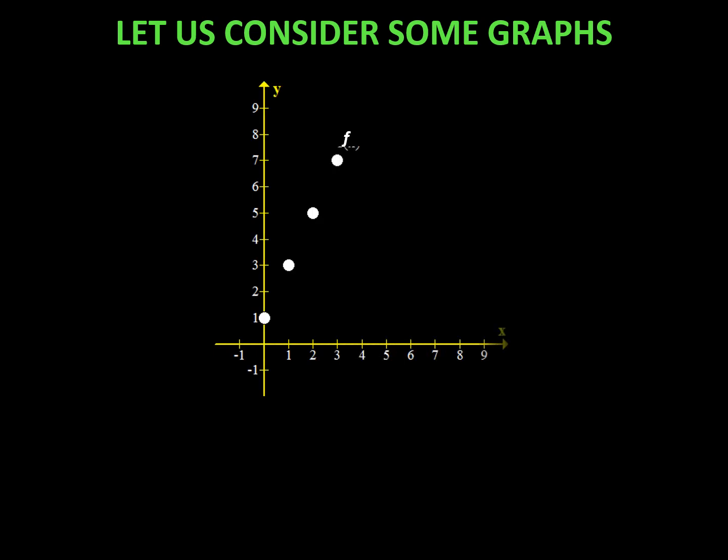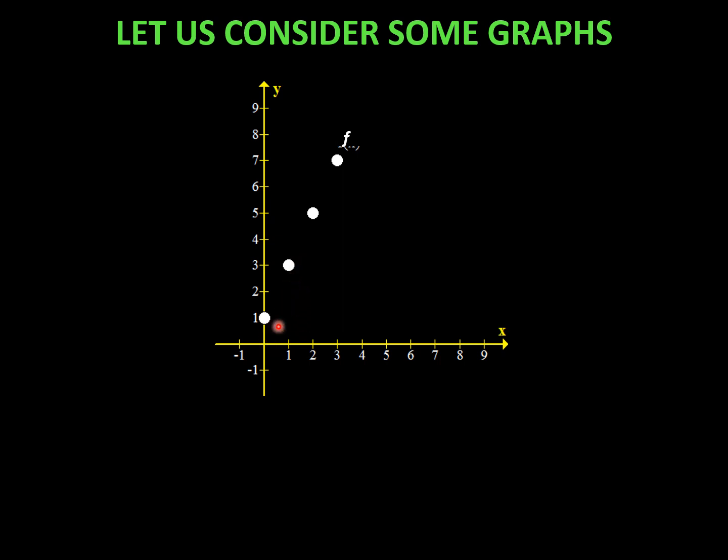Let us consider some graphs. Let's take the function f and see whether it represents a function. As you can see, every x value is only associated with one y value: 3 with 7, 2 with 5, 1 with 3, and 0 with 1.